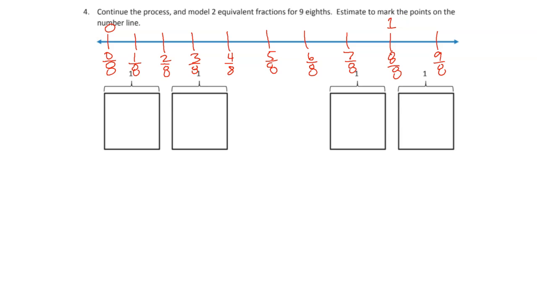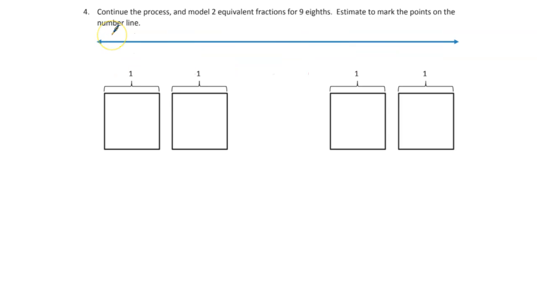The second way that I'll show you is where you say, well, I know that 9/8 is greater than 1. If 8/8 is 1, then I would double 8 to get my 2. So I have my 1, 2 on my number line, as well as my 0. So I'll say, well, I know from 0 to 1, I have to have 8 parts. 7 lines give me 8 parts.